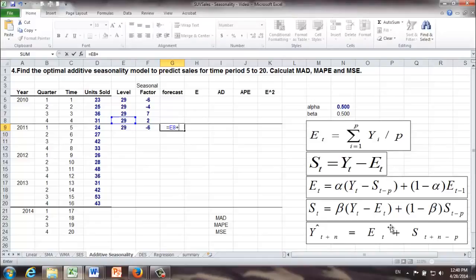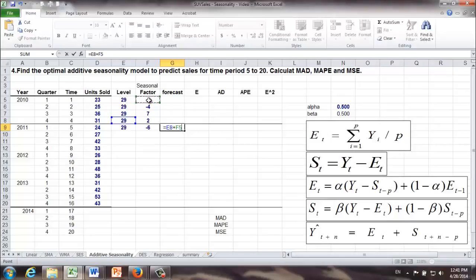So we are looking for what? S1. Where's S1? In cell F5. And it shouldn't be a surprise at all, because we are looking at the prediction of sales in time period 5 or quarter 1 of 2011.